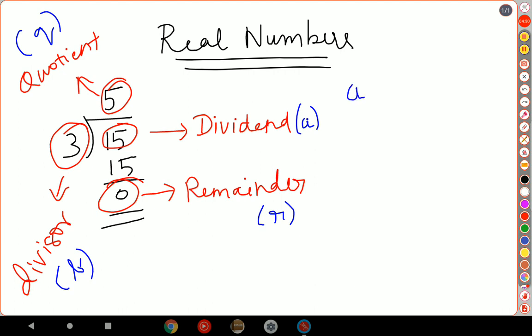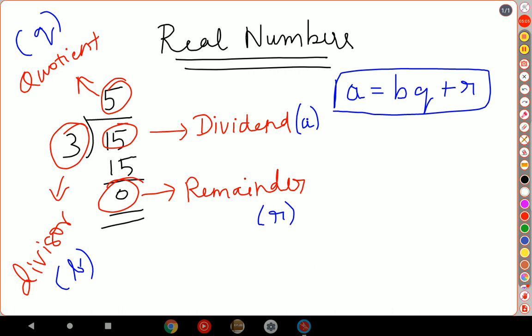A is equal to B into Q plus R. What is this formula?